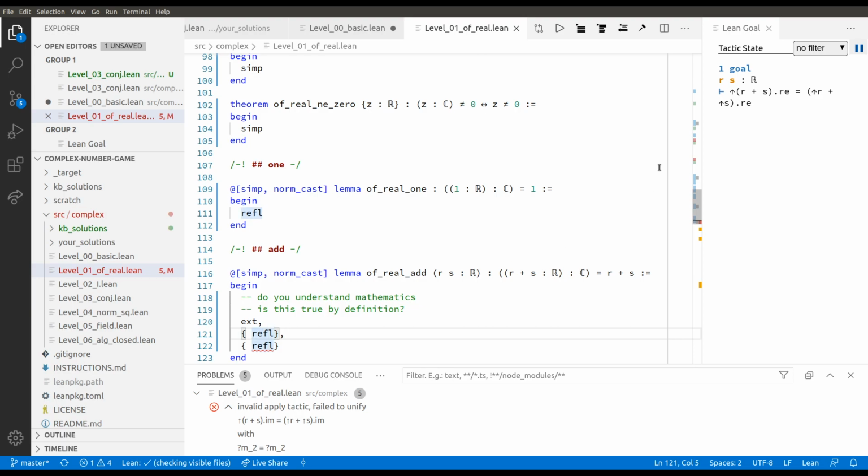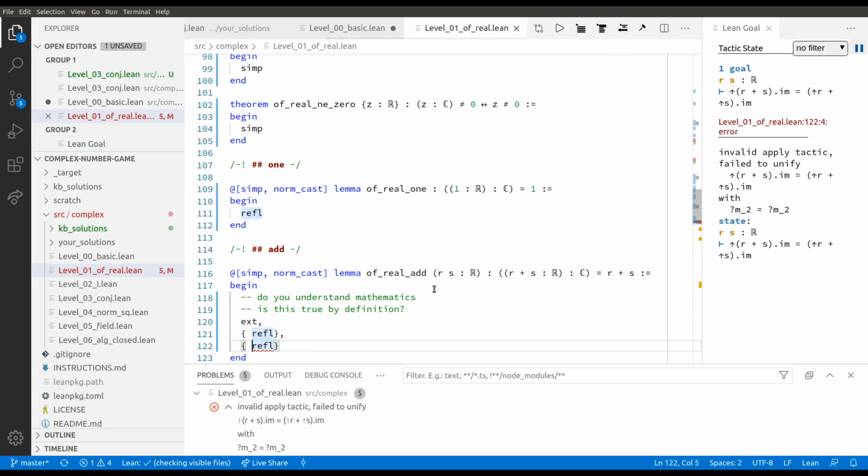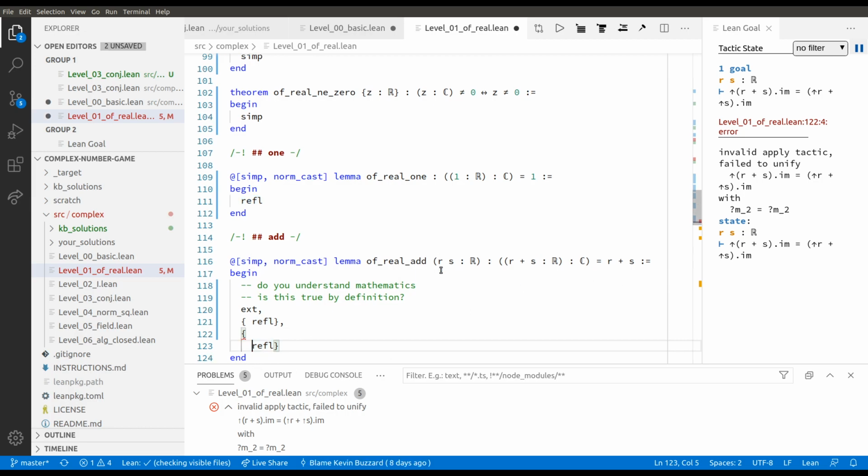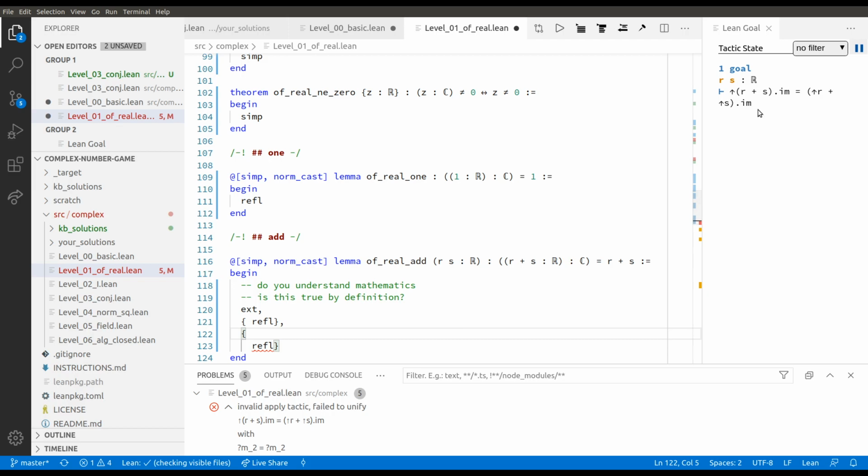The real part of this is by definition R plus S, and the real part of this is also R plus S. But the imaginary part is funny, because this is a lemma about real numbers, but why is this not true by definition? This just says 0 equals 0, right? So what's going on?